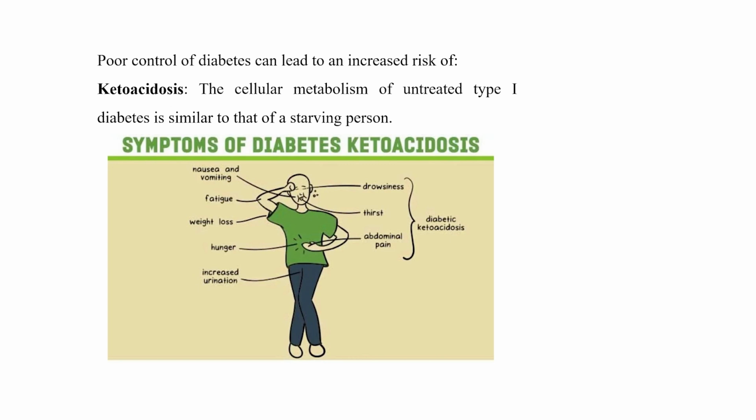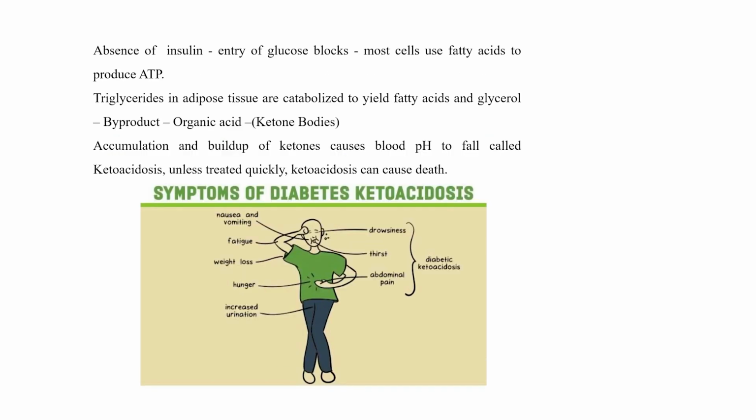Ketoacidosis is mainly related to diabetes mellitus, and it is similar to that of a starving person. In the absence of insulin or with very little insulin, our body cells start to utilize fatty acids for the production of ATP because there is no glucose. So triglycerides in adipose tissue are catabolized, and in this way they yield fatty acids and glycerol.